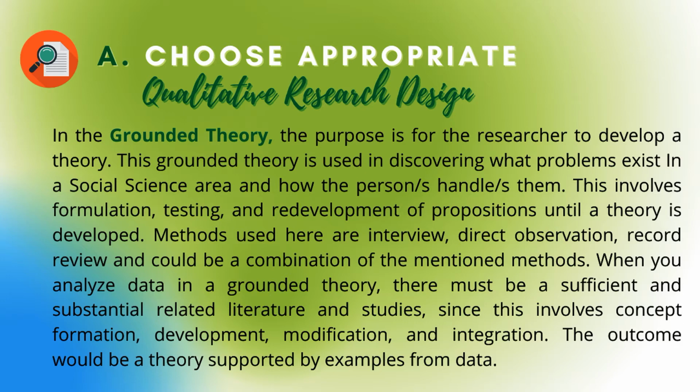Methods used here are interview, direct observation, record review, and could be a combination of the mentioned methods. When you analyze data in grounded theory, there must be sufficient and substantial related literature and studies, since this involves concept formation, development, modification, and integration. The outcome would be a theory supported by examples from data.